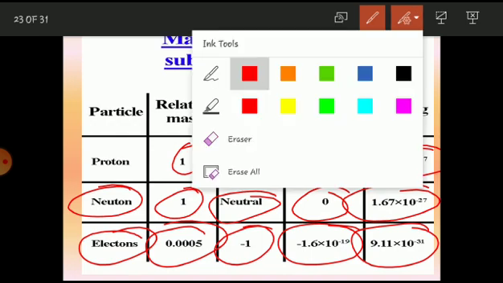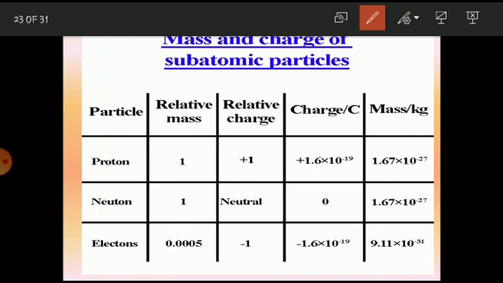So these are the values of three subatomic particles, and it is very important while solving the numerical problems. So students, you have to remember the charge of proton, neutron and electron, and also the respective mass per kg.